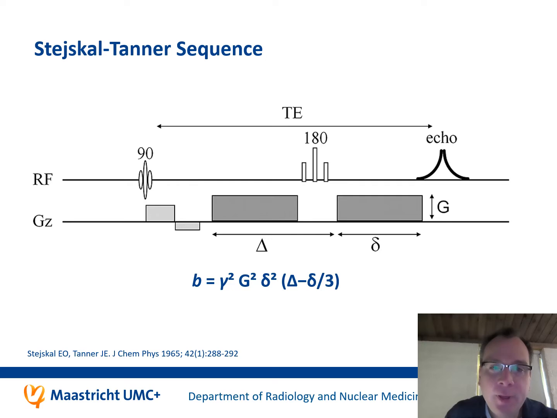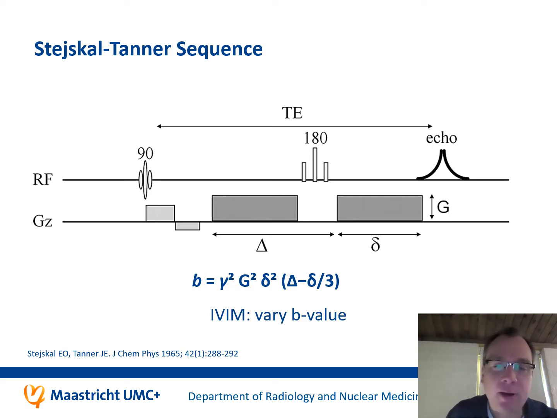And the strength of the diffusion weighting is designated by the B value, and the B can be calculated from several settings of your gradient, so the duration, the amplitude, and the timing. And the fact that it's called B is because Le Bihan used his own name, so the B comes from Bihan.